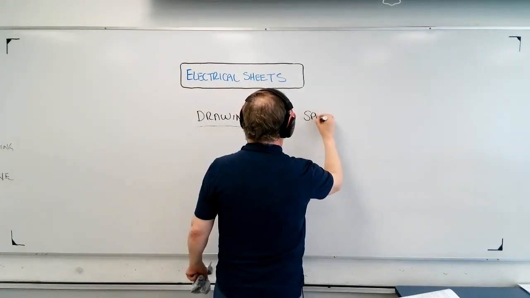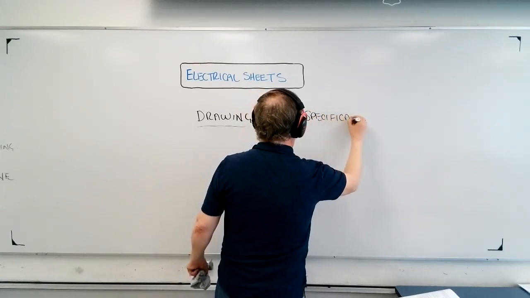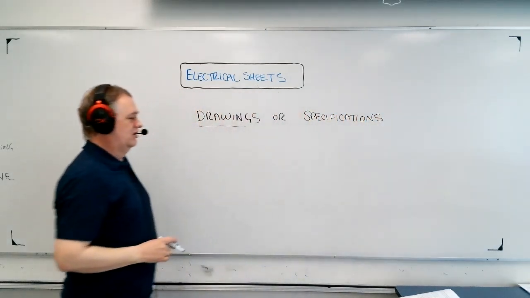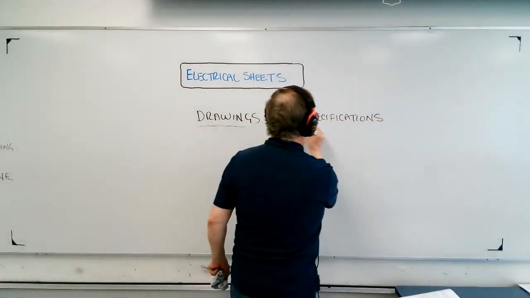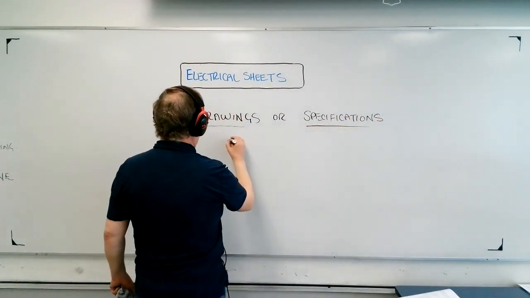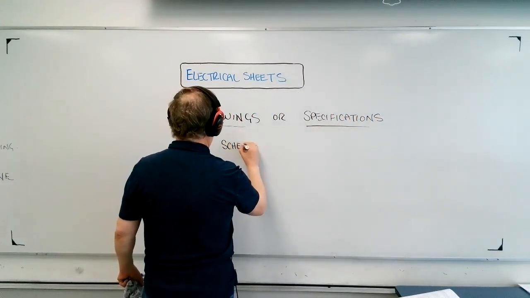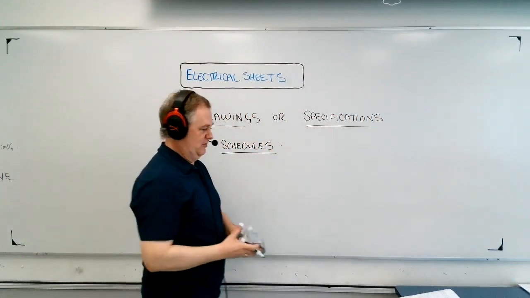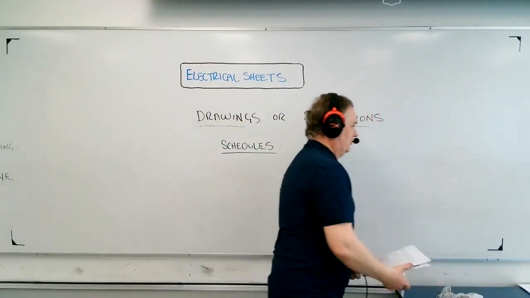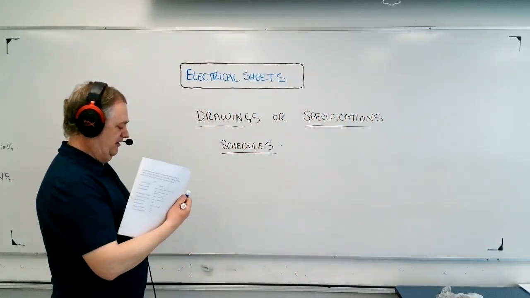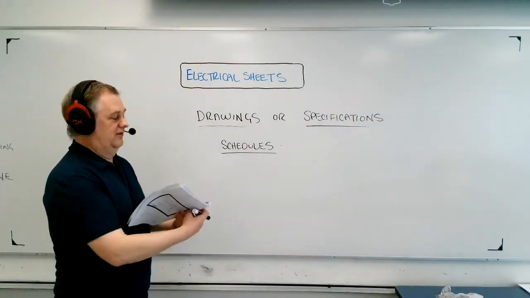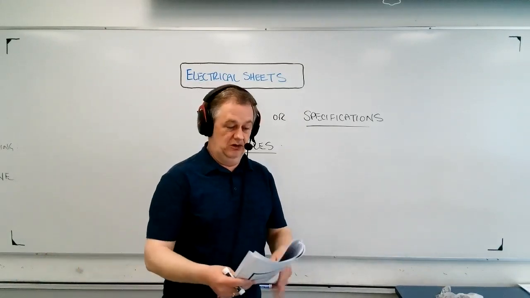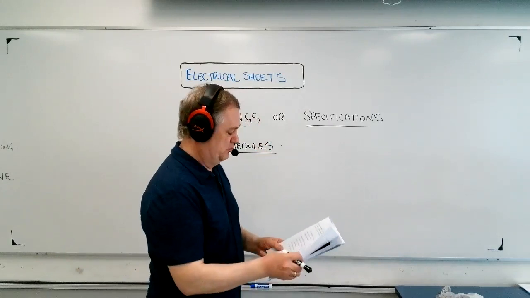These can appear as pages in the drawings and or pages in the specifications. And this category of items is called schedules. Schedules are essentially tabulated information, okay, tables of different types of information that is necessary, and this is really valuable when you're working with blueprints.